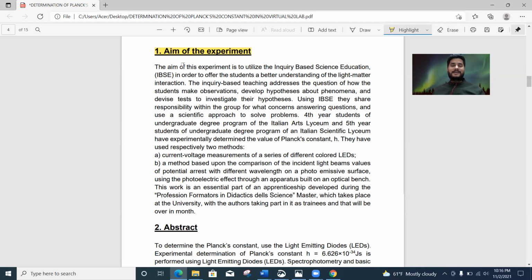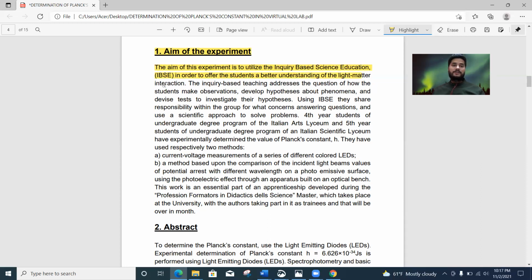Today, this practical helps us find the value of Planck's constant. The main aim is to offer students a better understanding of the light-matter interaction.